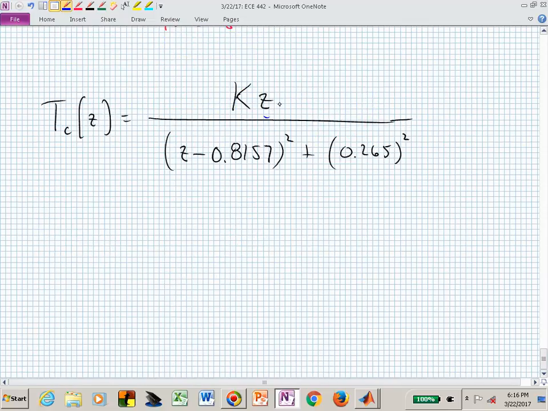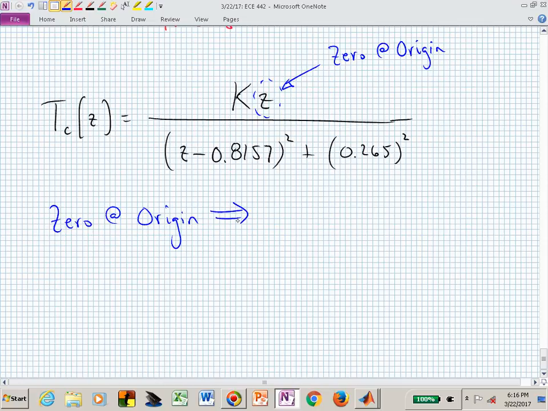So this particular factor, let's just say we have a 0 at the origin, and the 0 at the origin actually produces a pole 0 excess of 1.